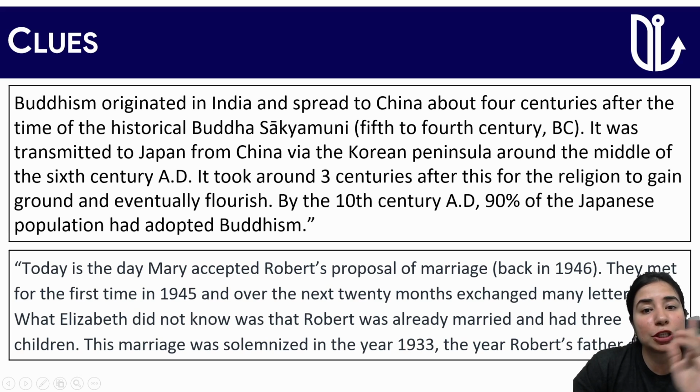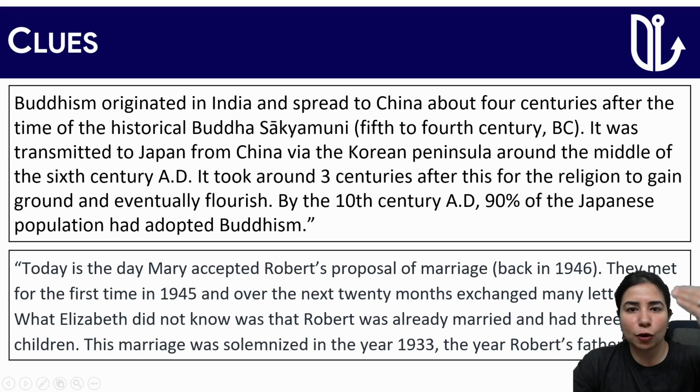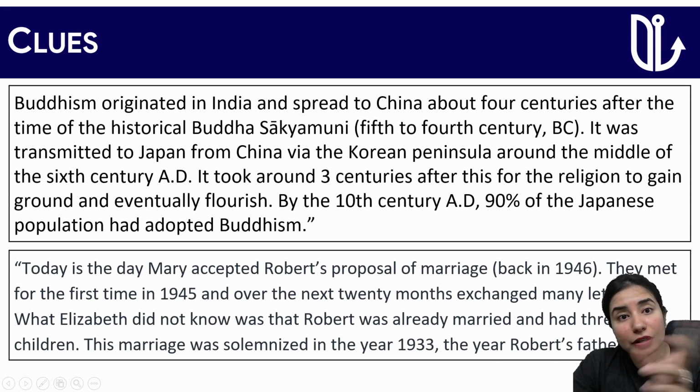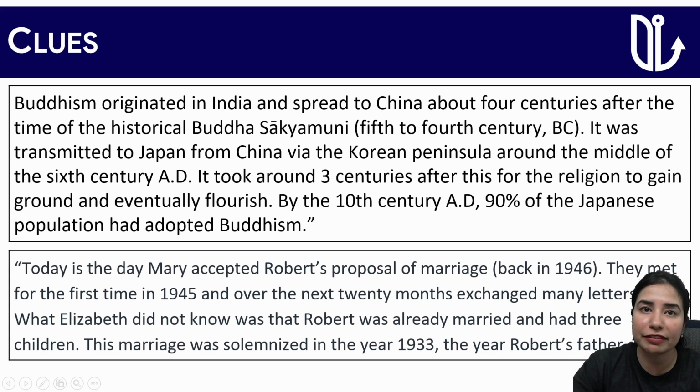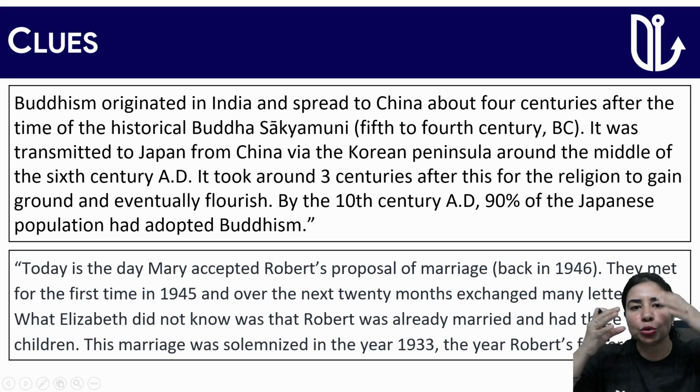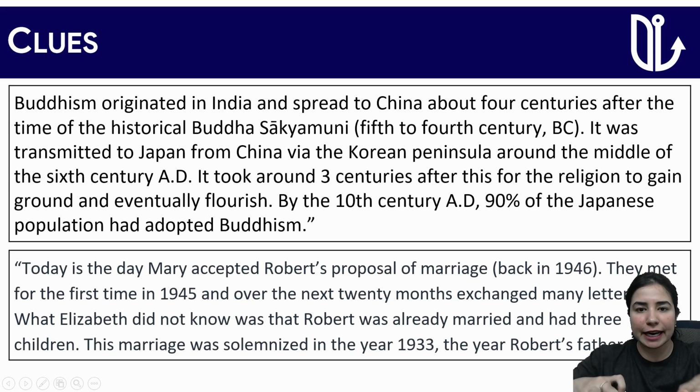It was transmitted to Japan from China via the Korean peninsula around the middle of the 6th century AD. Then it took around 3 centuries for the religion to gain ground and eventually flourish by the 10th century. So you started with BC, then 6th century AD, and then 10th century AD. You can see how the progression is happening.